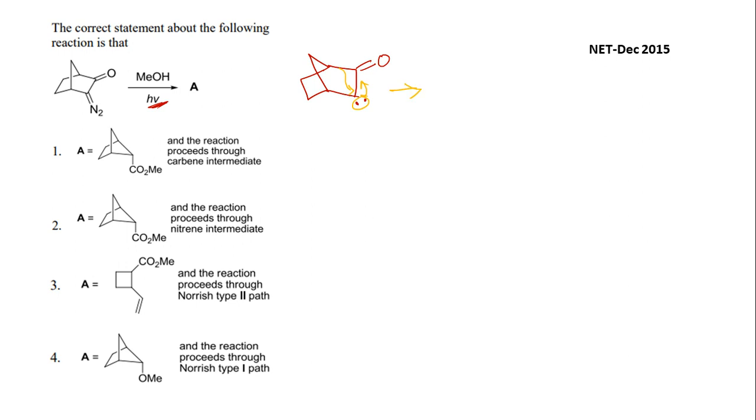So this is Wolff rearrangement, and we will get a 5-member ring where we have this ketene. Now we have MeOH in the medium, and this MeOH will attack here. So what will happen? C, OH, OMe, and finally it will be ester.